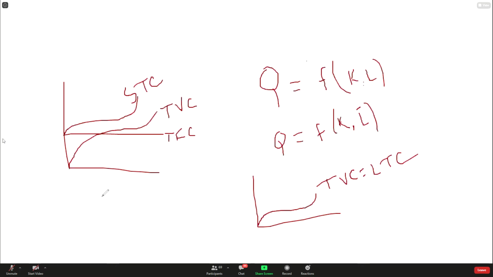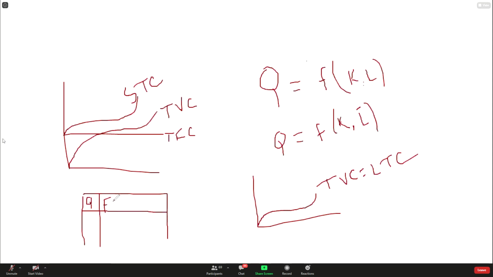I have one question. Look, I am drawing a table. This is a table. This is level of output Q. Okay, so this is fixed cost.